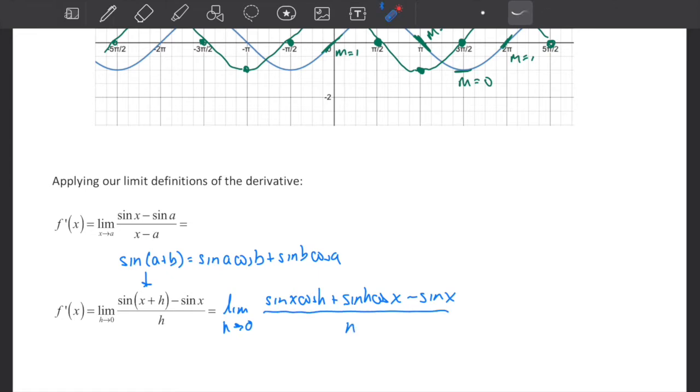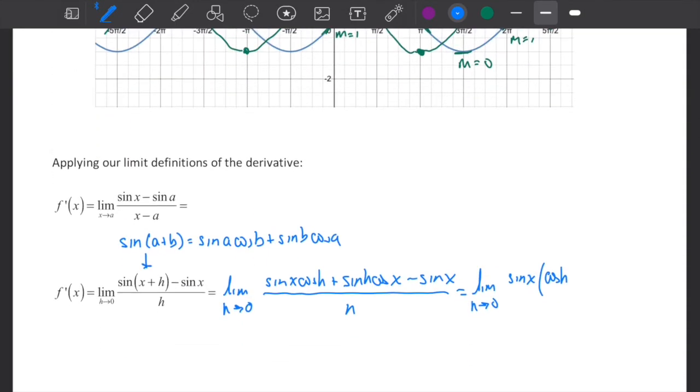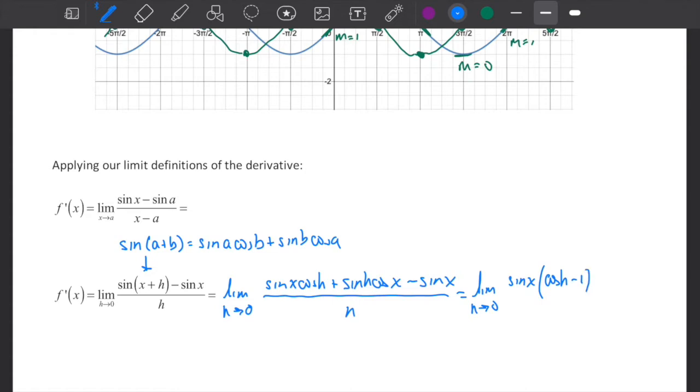I'm going to group some things here together. We've got this sine of x minus sine of x. I'm going to factor that. We've got the limit as h approaches 0 of sine of x. That will leave us with cosine of h minus 1 plus sine h cos x over h.